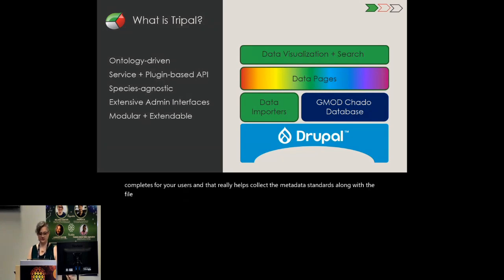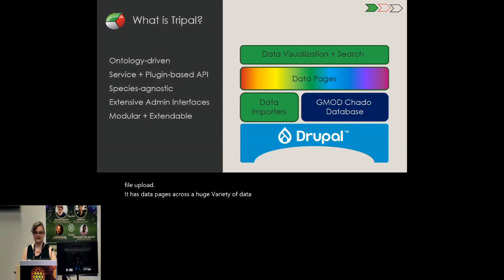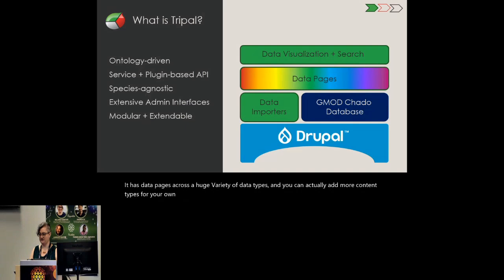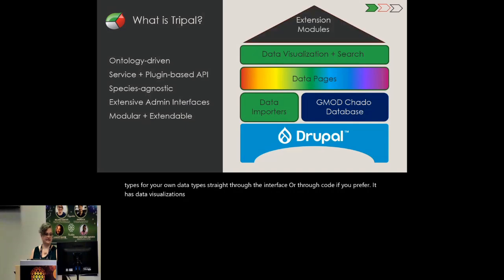It has data pages across a huge variety of data types, and you can actually add more content types for your own data types straight through the interface or through code if you prefer. It has data visualizations and searches. And all of this is open source, well documented, and an open community.